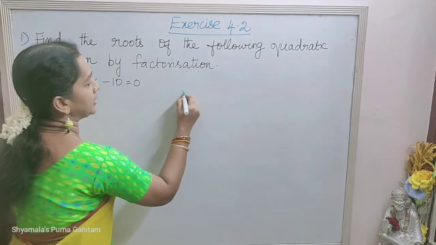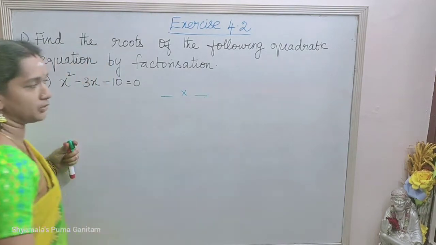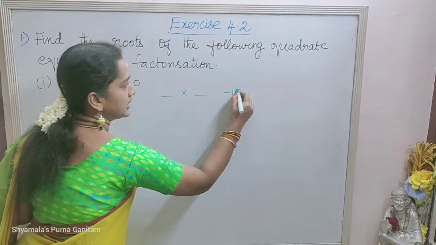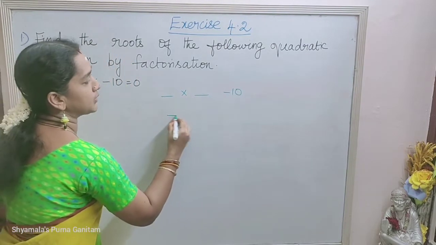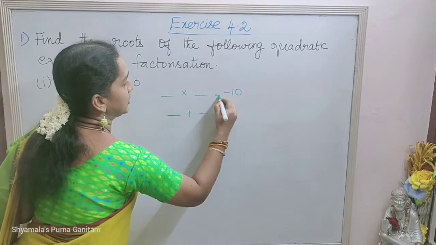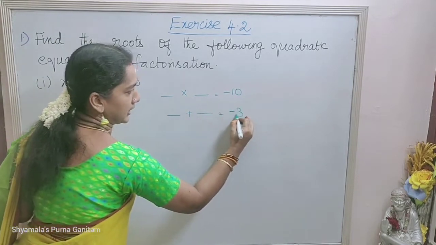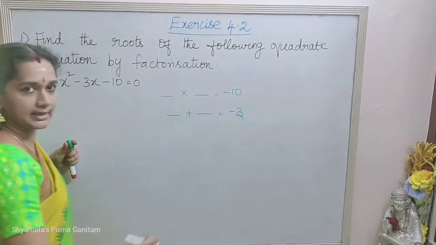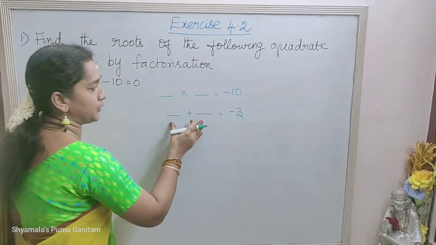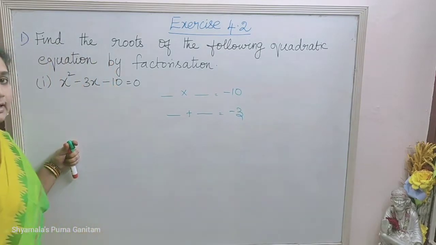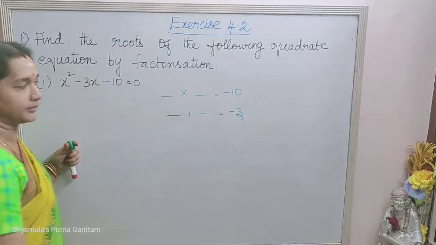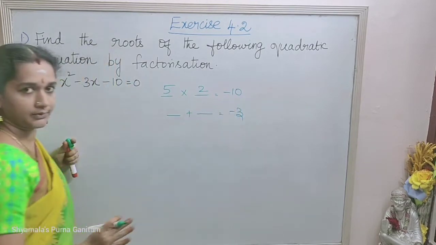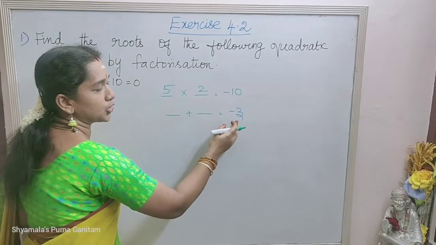Here, you have to find two numbers whose product is minus 10 and whose sum is minus 3. If you take 5 and 2, 5 twos are 10, and when you subtract 5 and 2 you get 3.